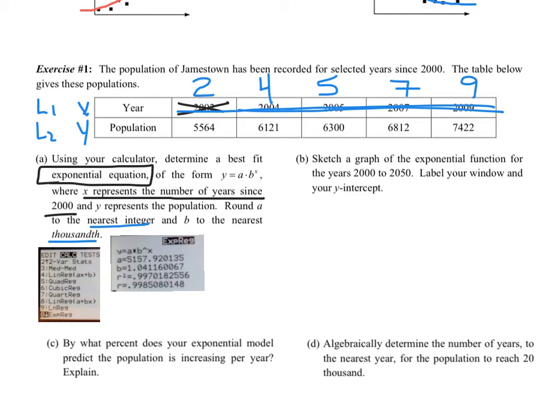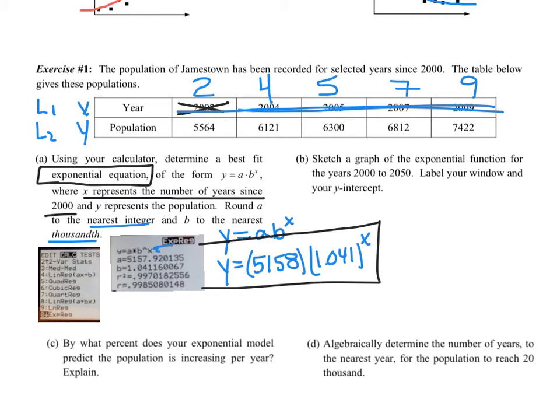Again, make sure you use L1 and L2 because you used both, and we're going to carefully write this out. So I'm going to start by copying down the formula it gives me. A times B to the X. Y equals, it says the A value to the nearest integer, so 5158. My B value to the nearest thousandth, so 1.041 raised to the X. There you have it. It's that simple. You are literally copying off that screen.